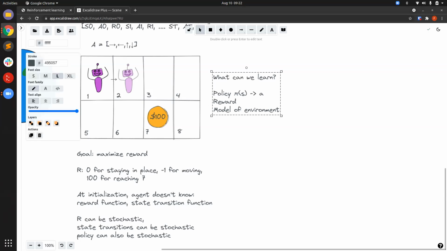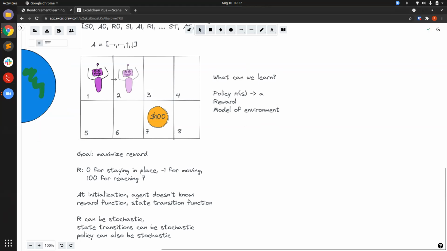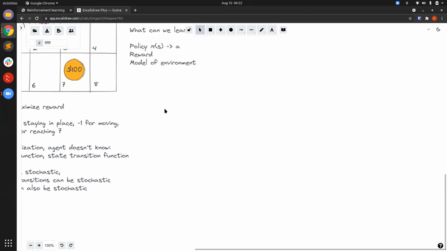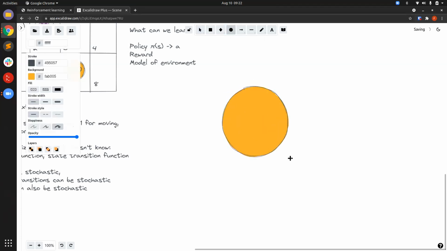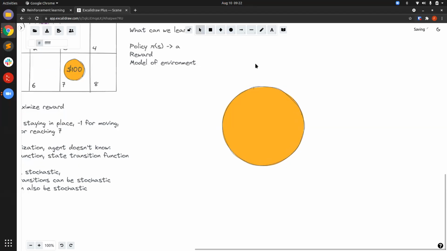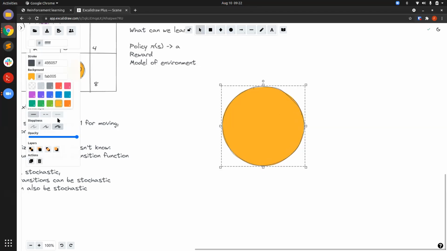Okay. Now, this kind of set of things we might learn gives us a taxonomy of reinforcement learning agents. So there are all different kinds of reinforcement learning models. So just as we learned a whole family of supervised learning models, there's a whole family of reinforcement learning models. And they're mostly organized by what they try to learn and what they don't try to learn.